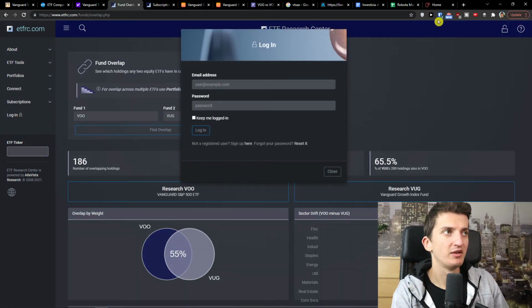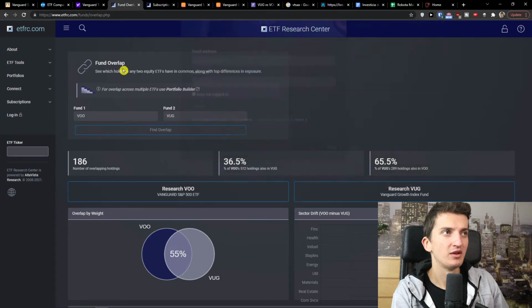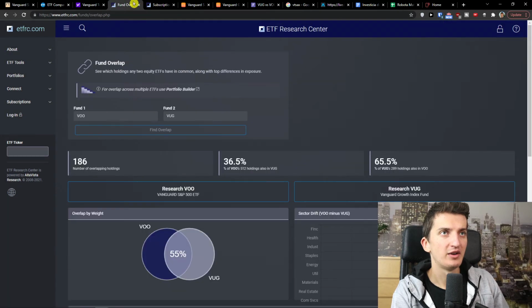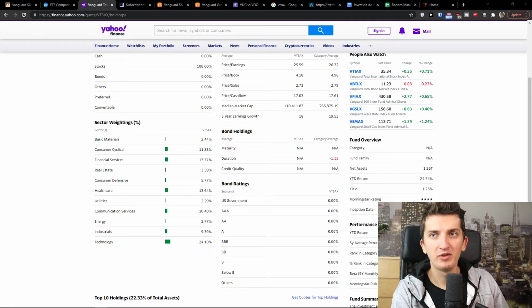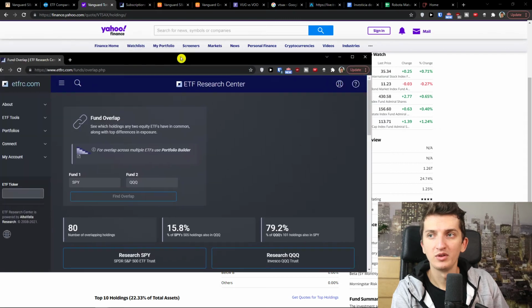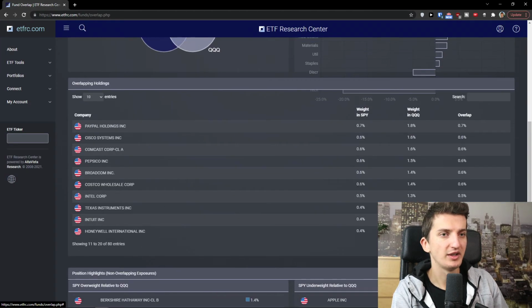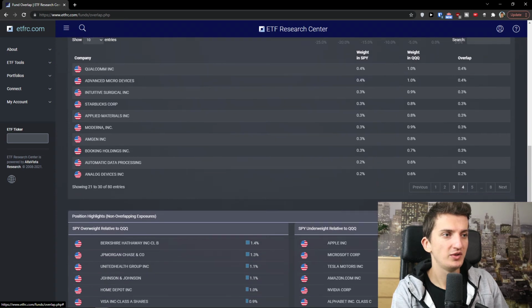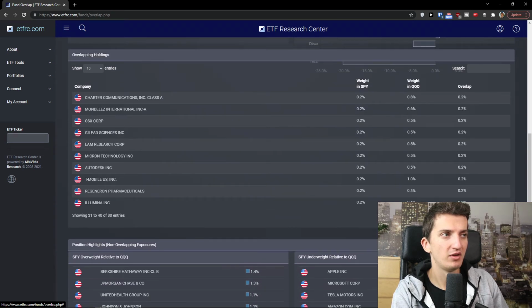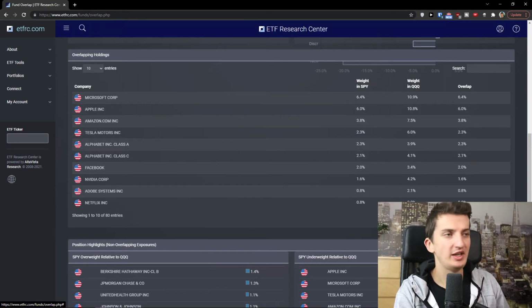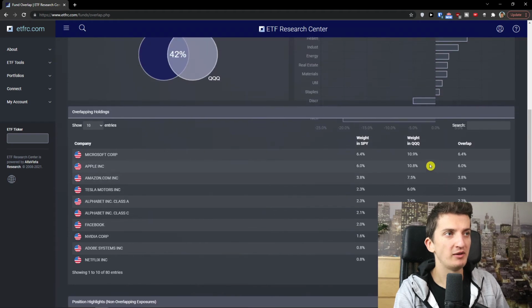I'm going to log in right here, and I'm going to show you even better. So let me show you. Yep, here it is. Look at this. So you see the overlap right here. We see Facebook here and the overlap, 2% weight.